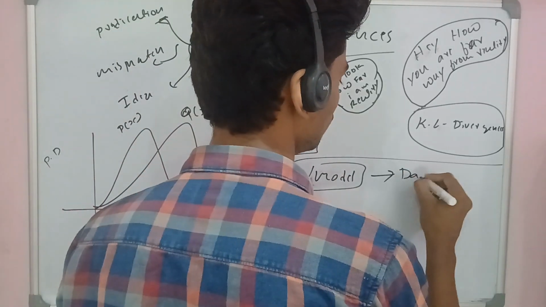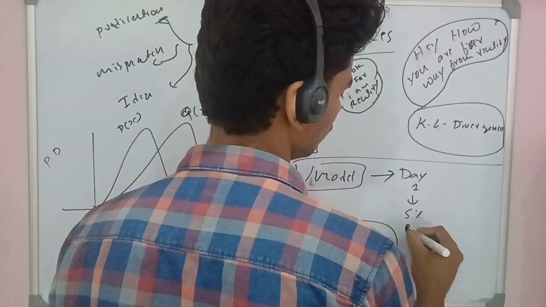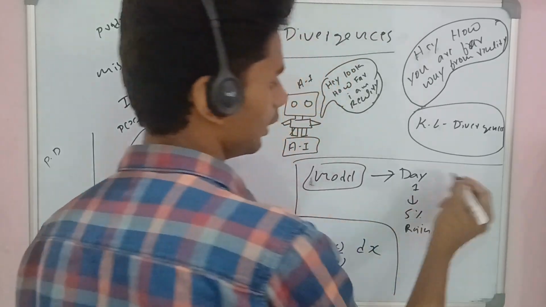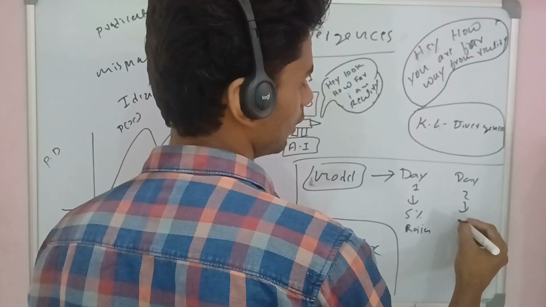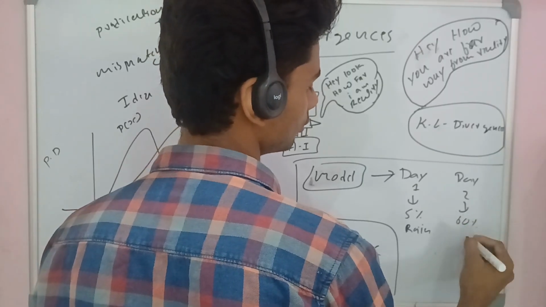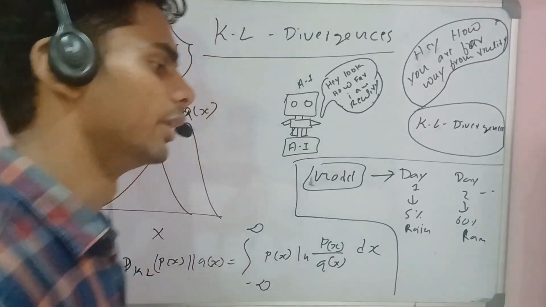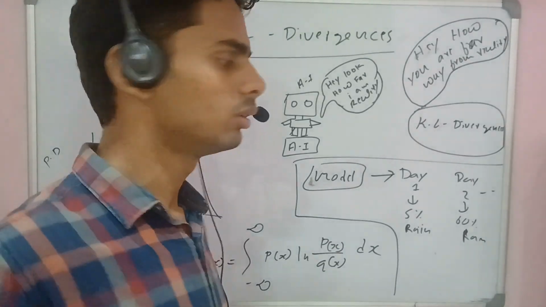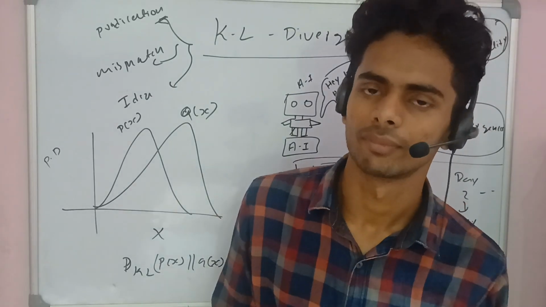Day one, 5% chance of rain. Day two, 60%. Similarly, it predicts for all the days, say a 10 day log. So on day one they predicted a 5% chance of rain for today.